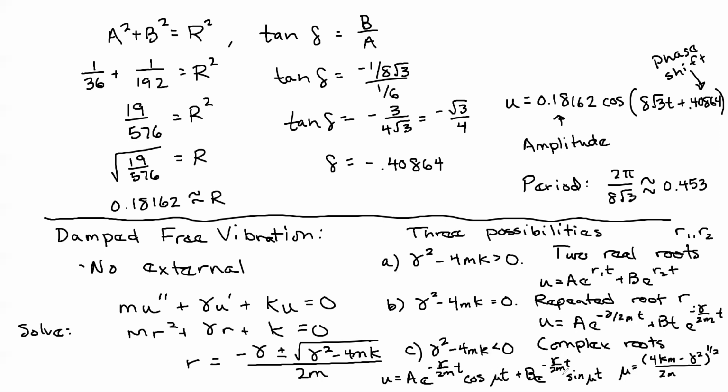So that's where I've put these in place of the imaginary part. And this here is just the imaginary part, where it's been manipulated so that it's not a negative under the root. Instead, the negative has been taken out from under the root. If you take the negative out, you're going to get 4km minus gamma squared, all over 2m. And so this is the imaginary part without the i.